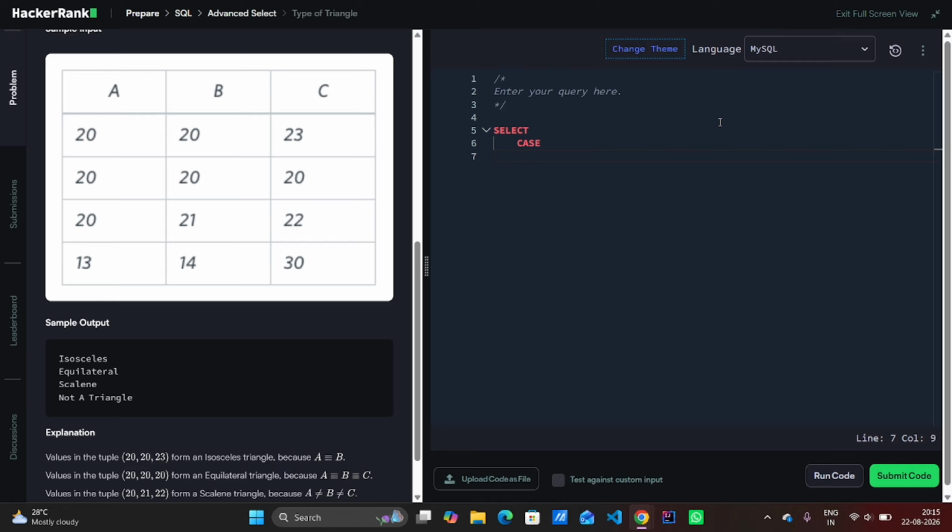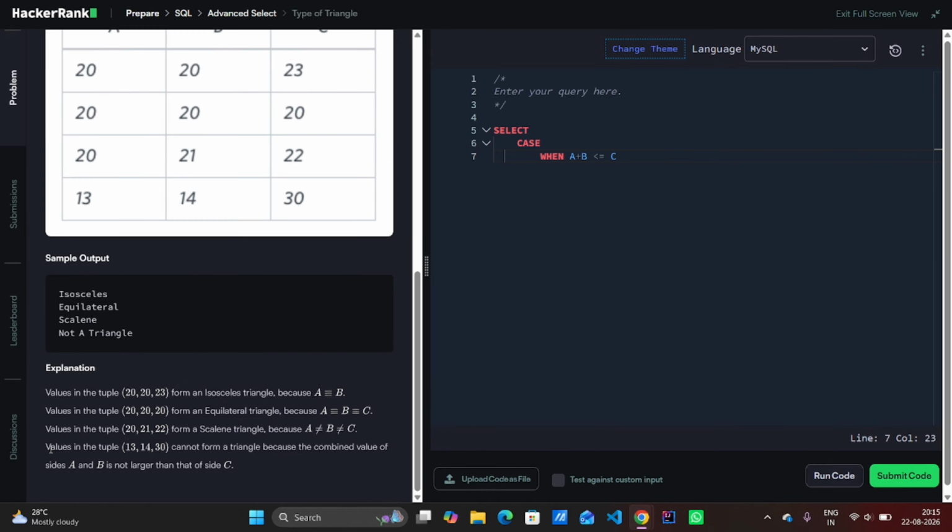So we will use select case when A plus B is less than C. We are writing this one: values in the tuple 13, 14, 30 cannot form a triangle because the combined value of sides A and B is not larger than that of side C. It is basic mathematics, as you already know, that if the addition of two sides is not larger than the third side, then it is not a triangle.